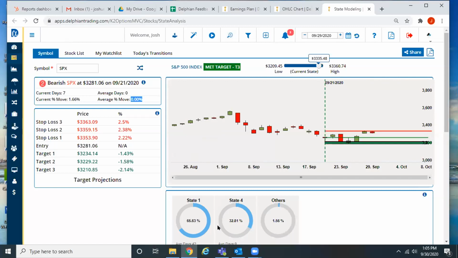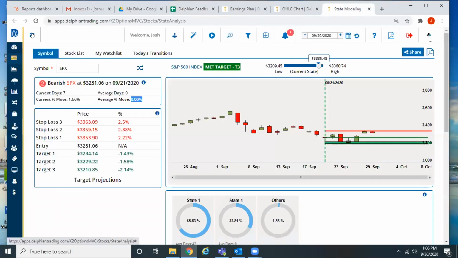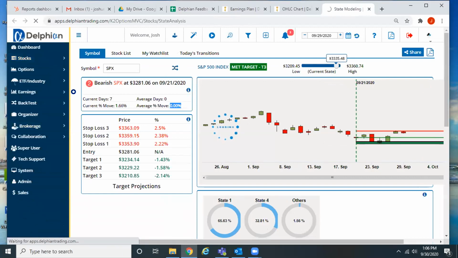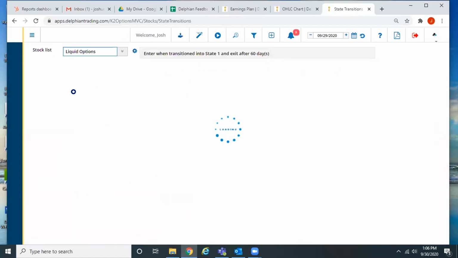So I'm trying to understand exactly. You're just looking for, because you can go back in the calendar and look for the state transition. Yeah, if you could just screen for something that entered state 2 transition and is still in there within 5 days, something like that. Do it as part of the screening process.